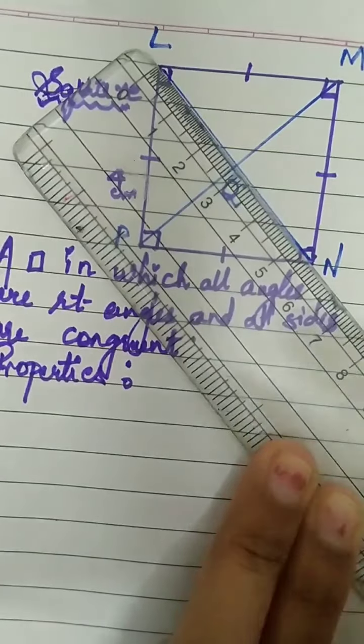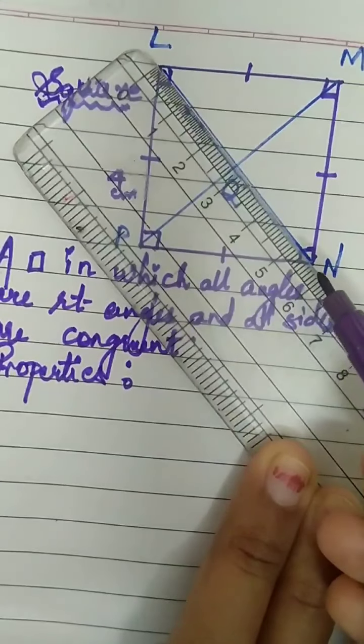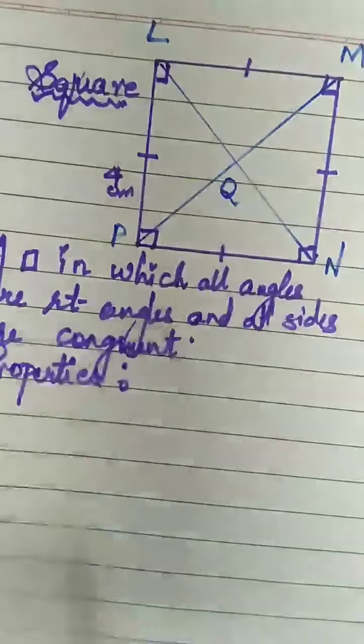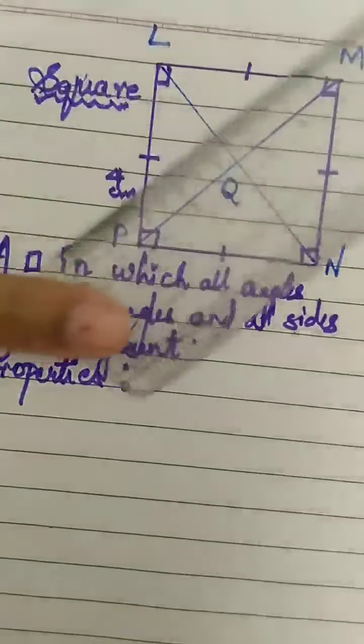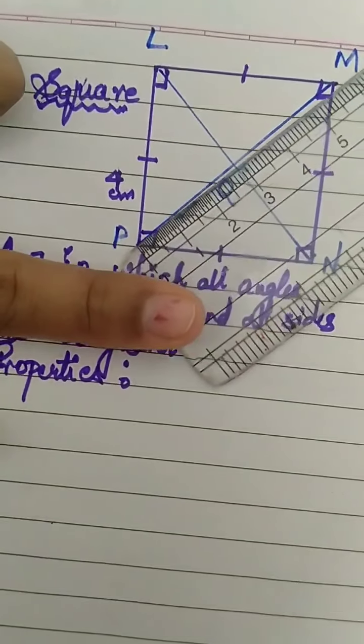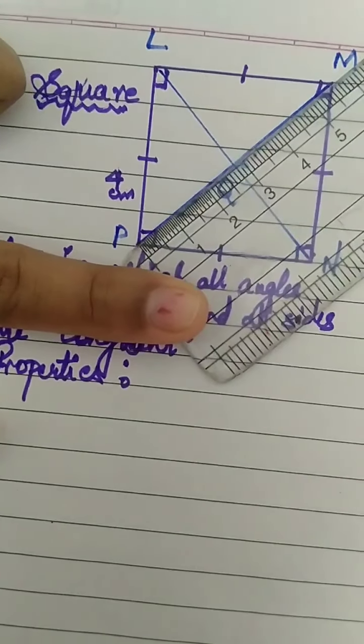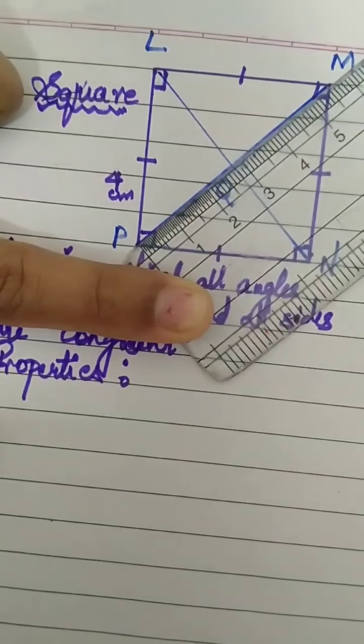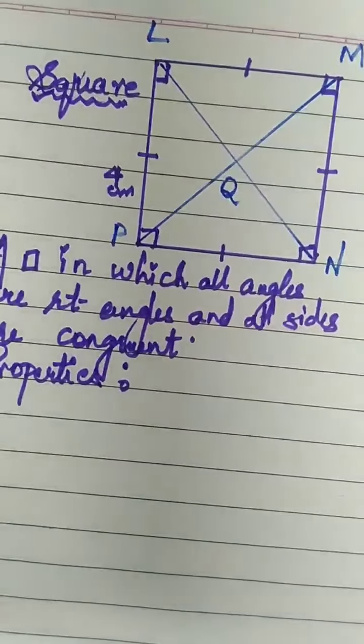The first diagonal is coming to be 5.5. The second diagonal, if you see, you are also getting 5.5. Fine. So from this we understood that.